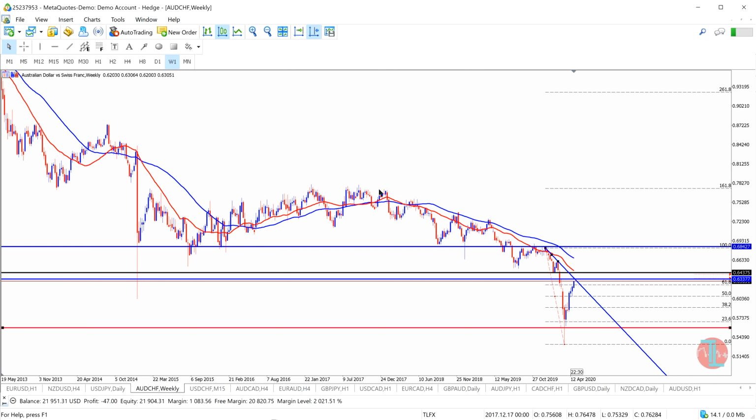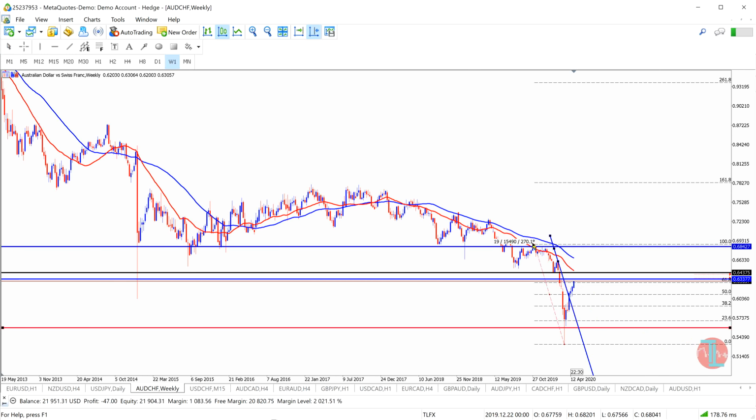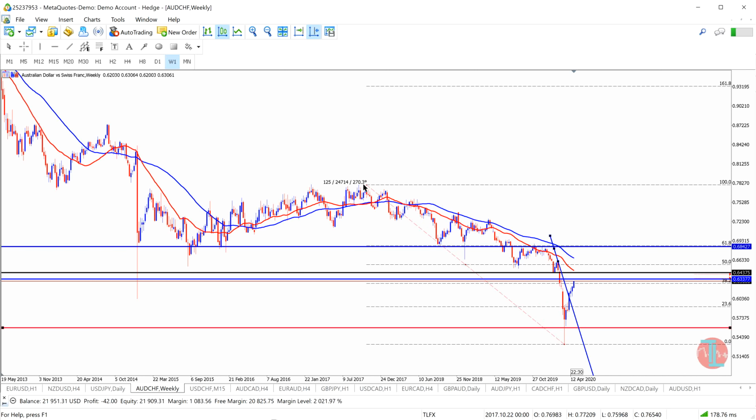Because if I draw a fib from up here, the very peak, then that may change our outlook, and we may actually be towards the 50% versus already being past it.